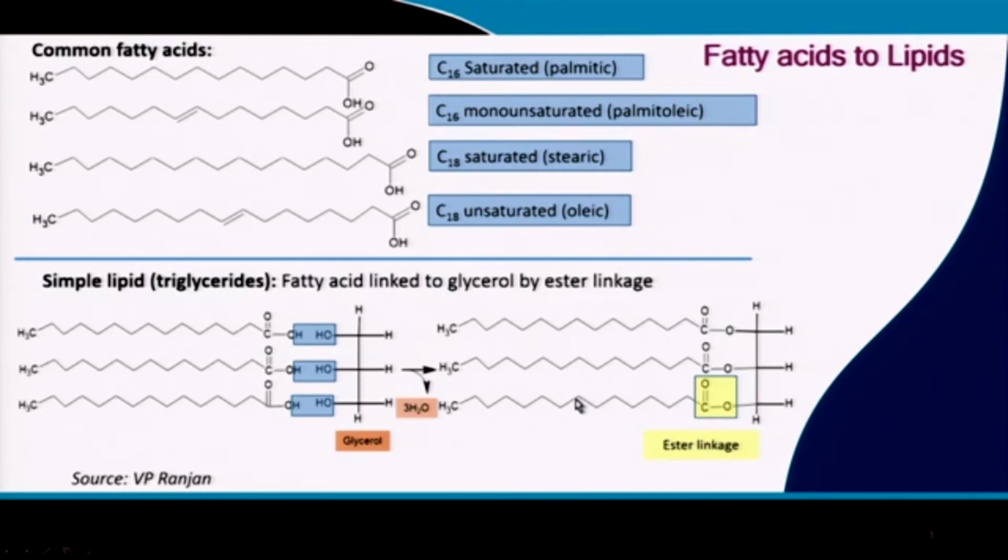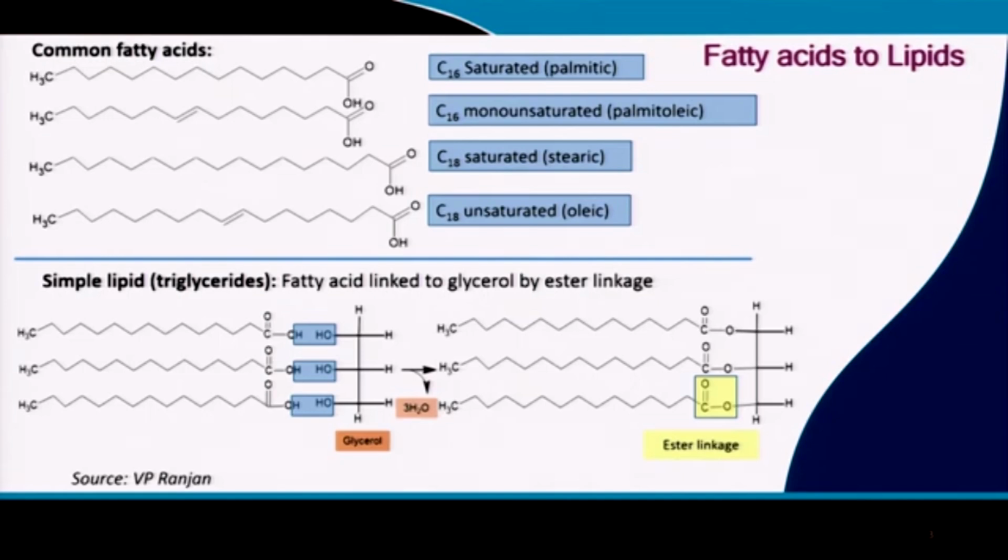And I think I also have a mention of this ester linkage serves as a biomarker. So one of the major differences between bacteria and archaea, if you remember the 3-domain classification that is now very popular in every microbiology textbook, it is based on these two kingdoms, bacteria and archaea.